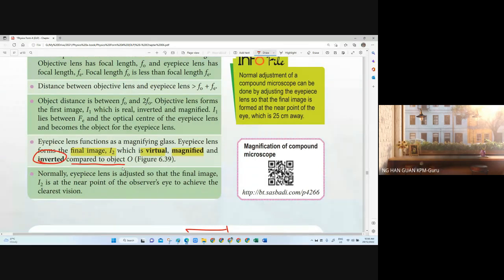Both are the same. That is why students get confused when they read, because the result is actually the same, either the first image or the final image. But because of the different objects, the arrangement will be different.